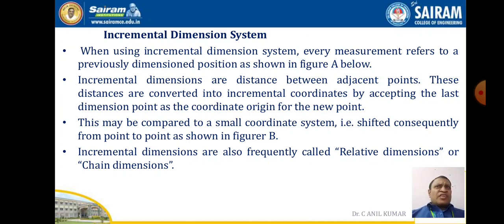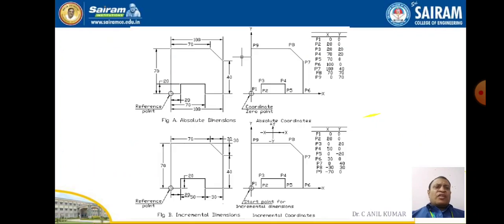These distances are converted into incremental coordinates by accepting the last dimension point as the coordinate origin for the new point. See, in most of the programming, normally we refer to absolute programming only, or the absolute dimensioning system only. Incremental dimensioning systems, we are not at all using.